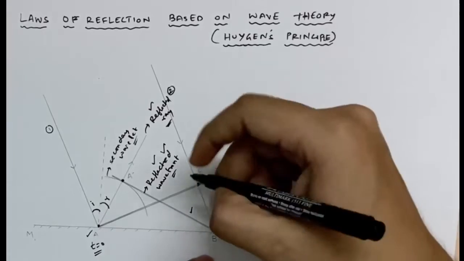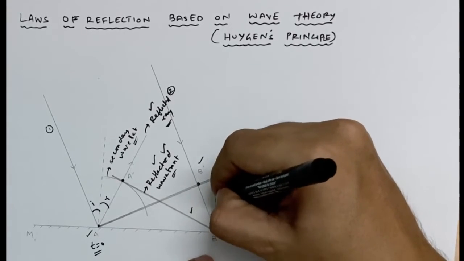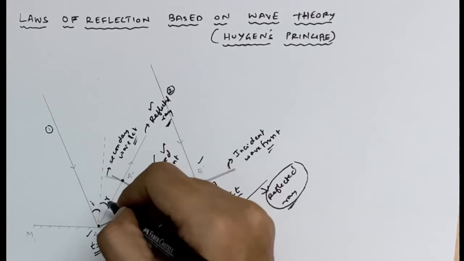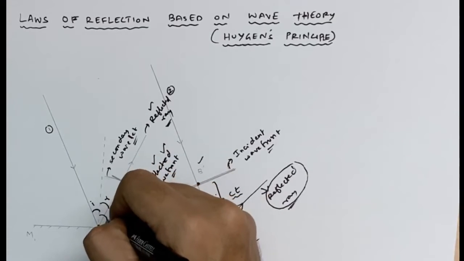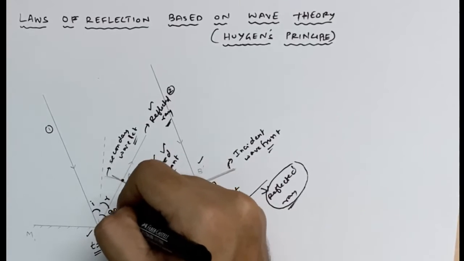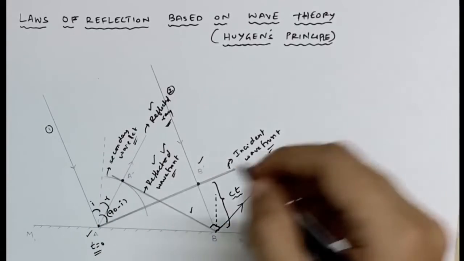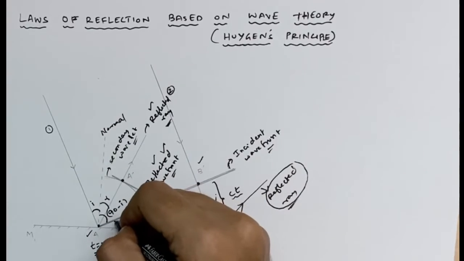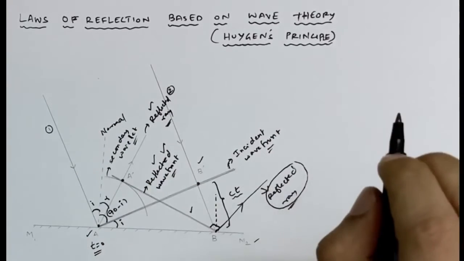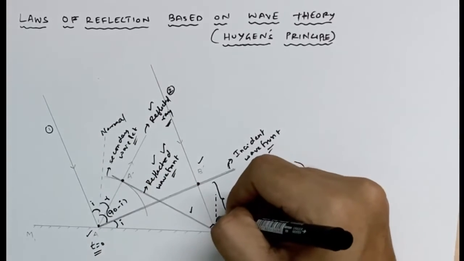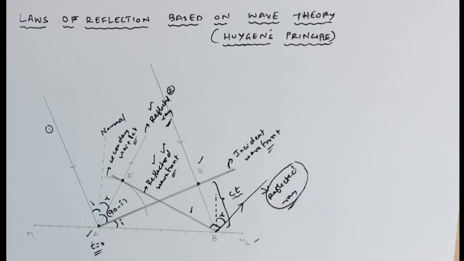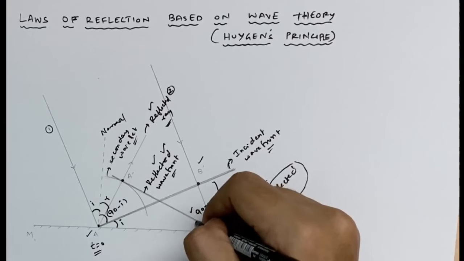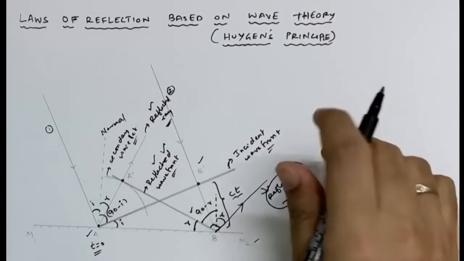If you draw a normal here, observe: if this is I, then this angle will be 90 minus I. Since this is the normal to the mirror, this angle is I. Similarly, if I take this angle as R, then this angle will be 90 minus R, so the remaining angle here is R.